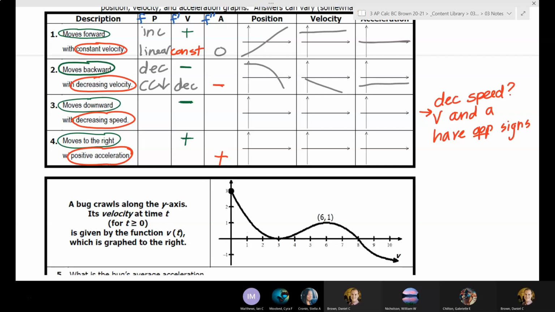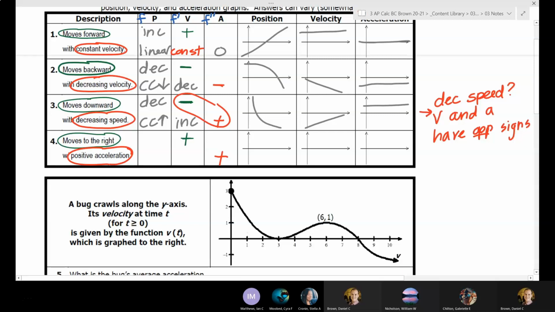If my velocity is negative, my original function is decreasing. Acceleration is positive, so I know that means the function is concave up and the first derivative would be increasing. So I have a decreasing and concave up function this time. My velocity is negative and increasing, and then my acceleration is positive.